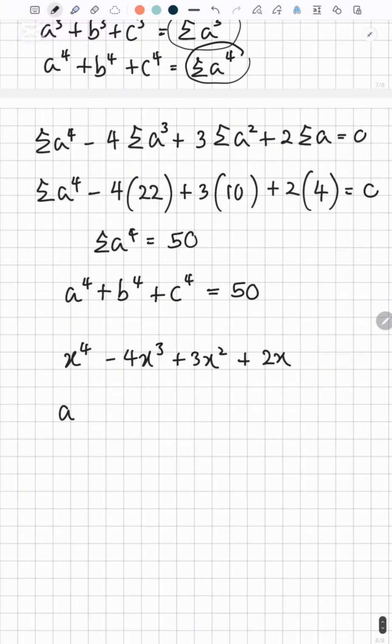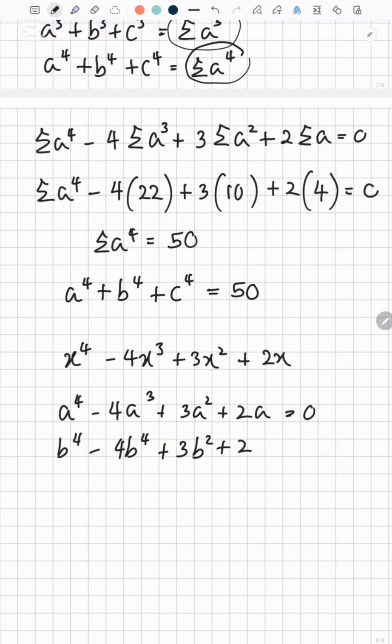So we can write a to the power 4 minus, like this. You can sub in each of your roots, like that. And your final root, this is 3, sorry.